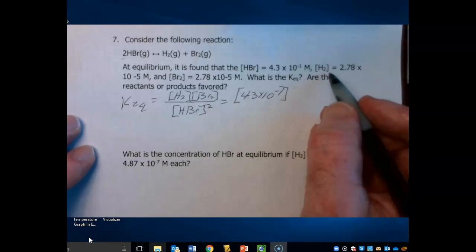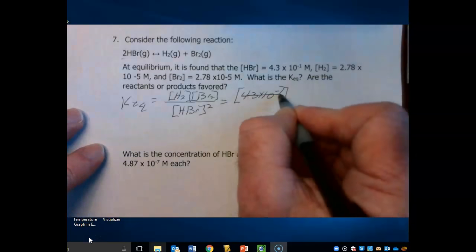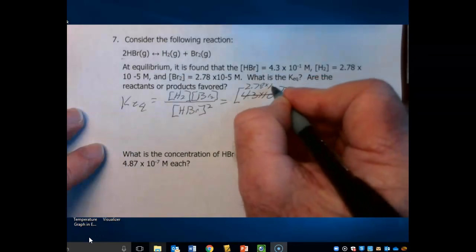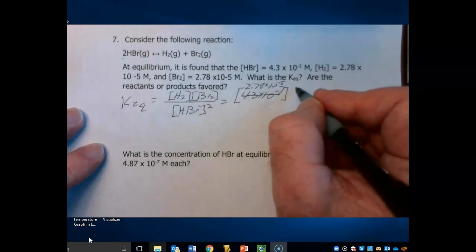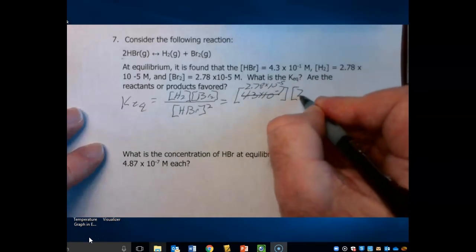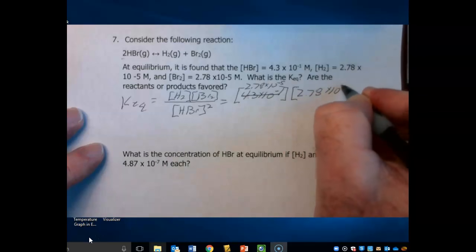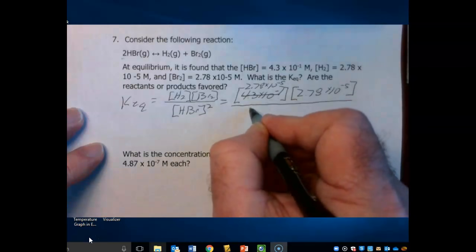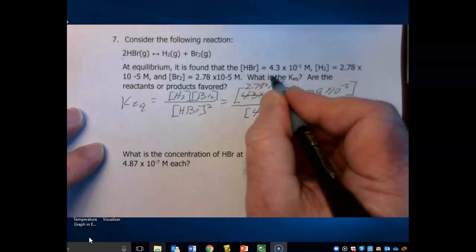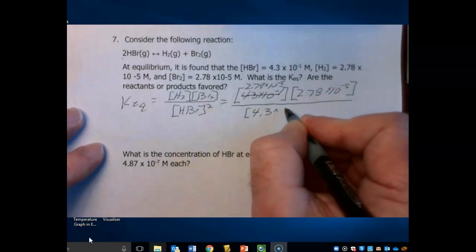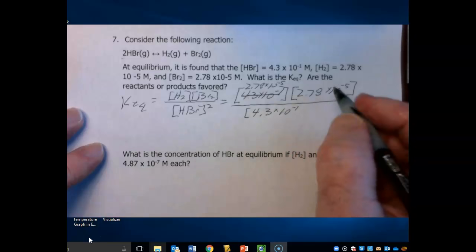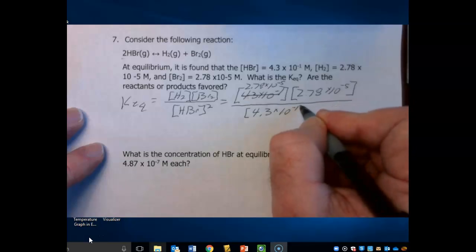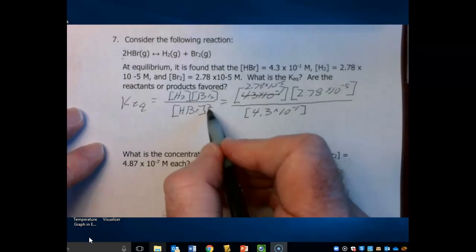The concentration of the hydrogen is 2.78 times 10 to the minus 5, and the concentration of the bromine is 2.78 times 10 to the minus 5 as well, divided by the concentration of the hydrogen bromide, which is 4.3 times 10 to the minus 1. Now I'm leaving off the units because with equilibrium constants, the units don't help us. Now I have to remember that this is squared.